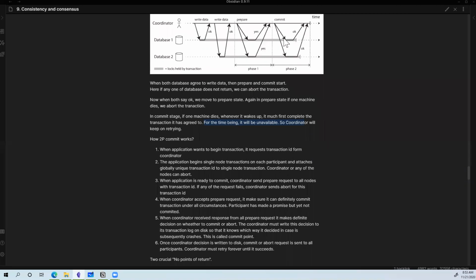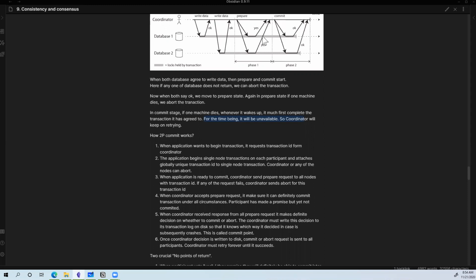But now they have agreed that they can definitely commit the value. And the coordinator makes the decision on whether the value should be committed based on whether it got a yes response from both of the databases. If it got a yes from both, it will ask them to commit. If it got a no from one of them, it will ask both of the databases to abort the transaction.